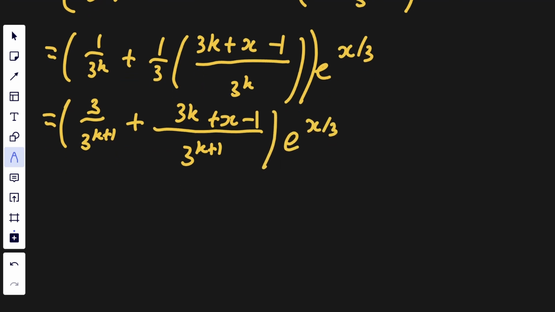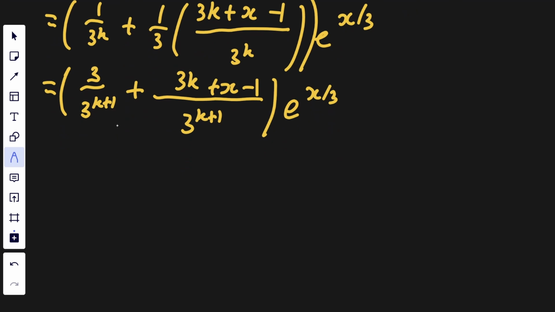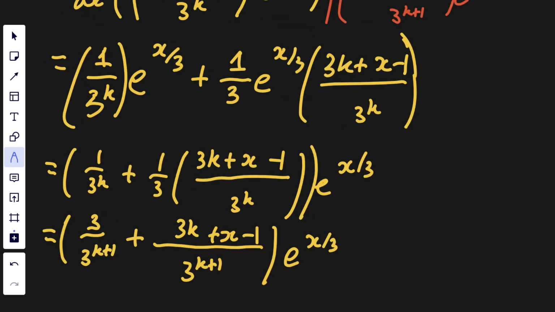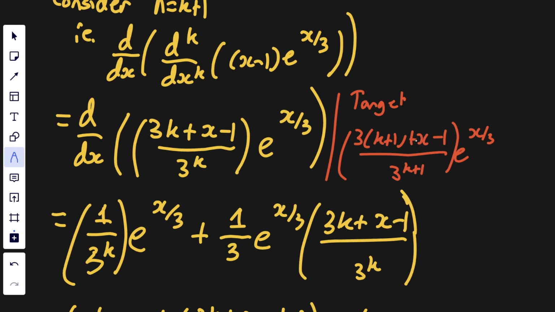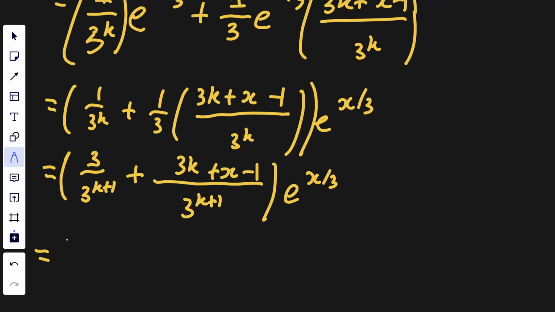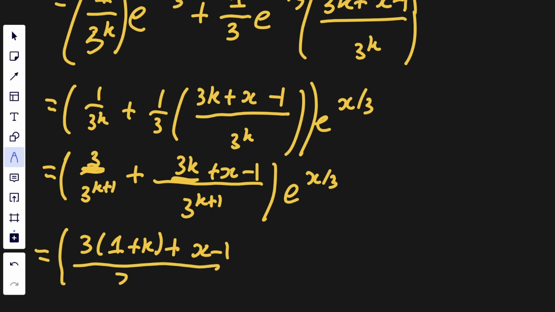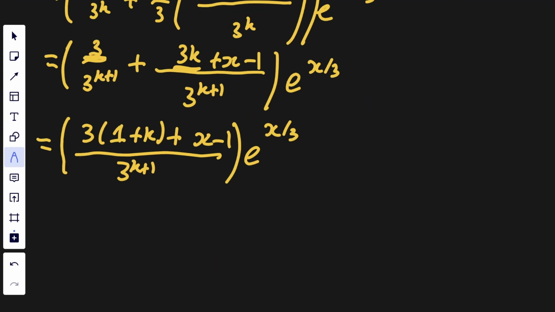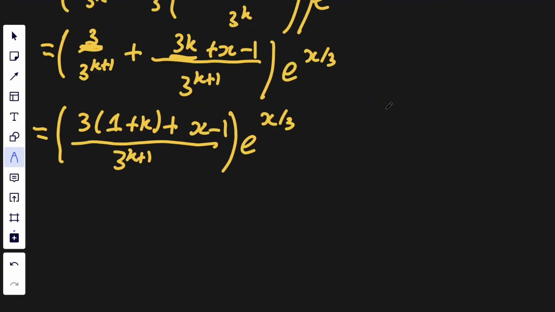And well, combining these two fractions, grouping up the 3s, we need an x minus 1, which we've got, but now we need a 3 times (k plus 1). So we've got 3 times (1 plus k), where I've taken a 3 out of here, I've taken a 3 out of here, plus x minus 1. I haven't touched the x minus 1 because it's already in the desired form that we're after. That leaves us with this, which is exactly what we were after. This is exactly our target.